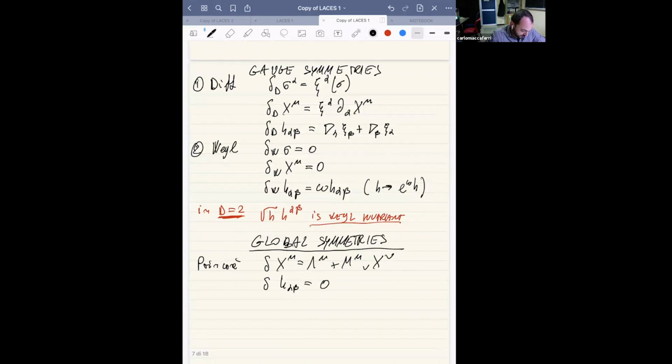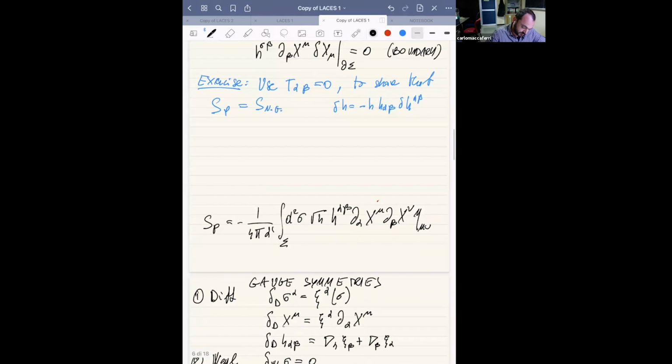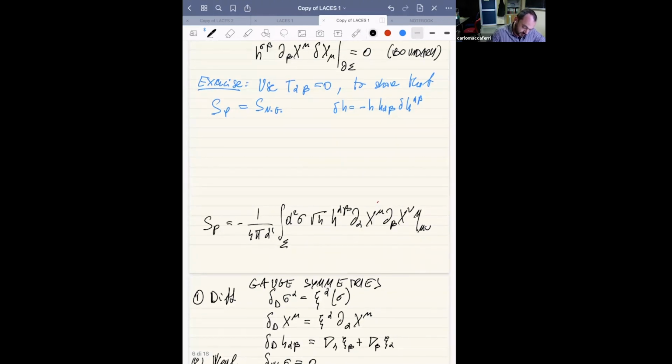And so now the idea would be to try to give a meaning at the quantum level to this action. Okay, so we'd like to make sense of this action quantum mechanically.